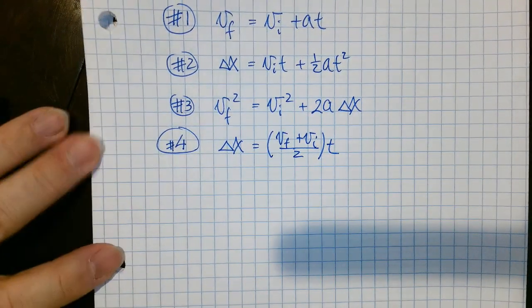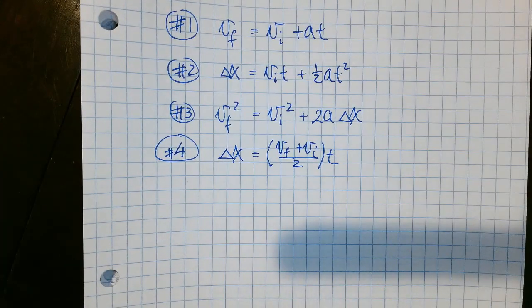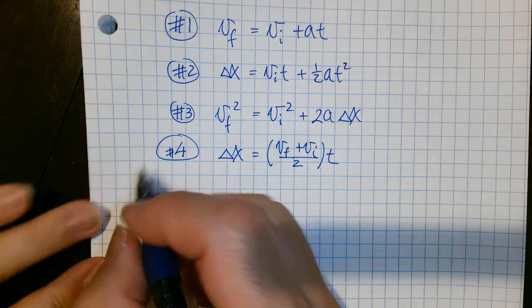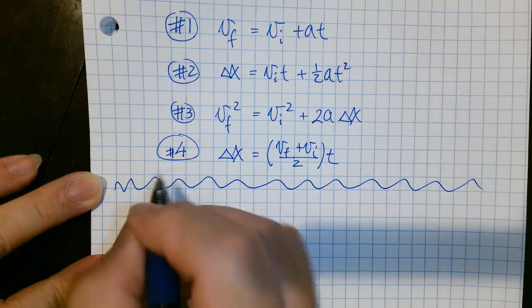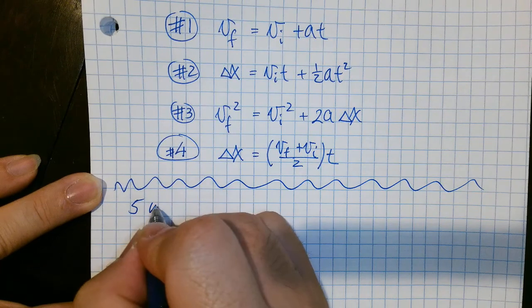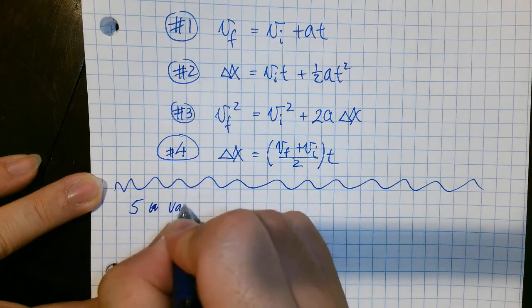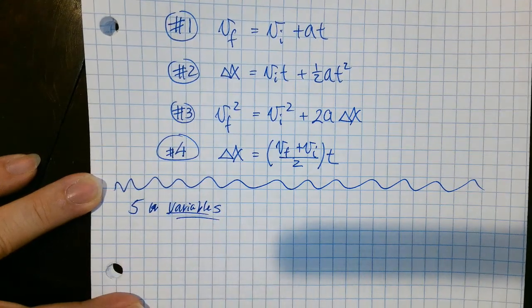Now, if we look at these 4 equations, there are 5 unique variables.